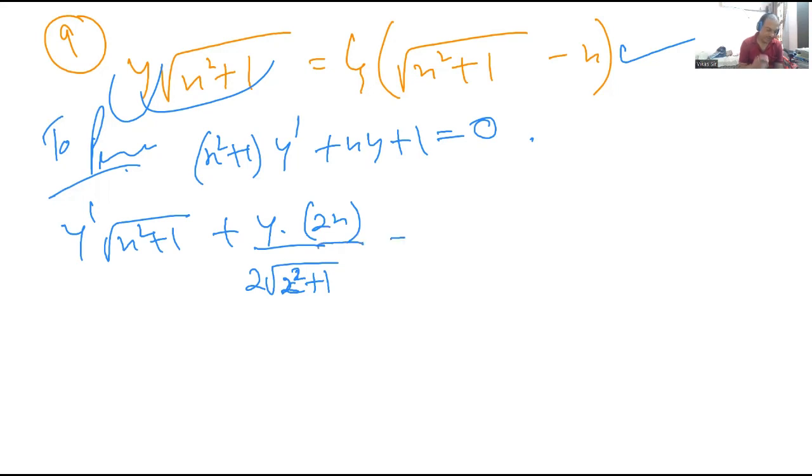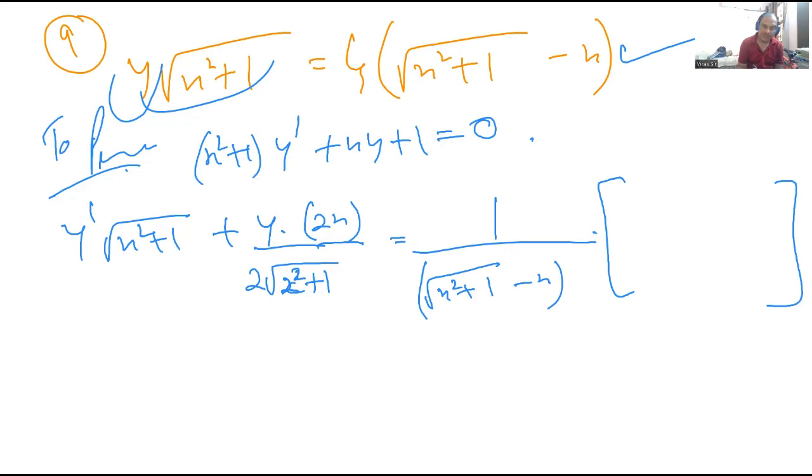Okay. Now here for this part, this is log x, and if you differentiate this log x, you know that it will give everything in the denominator. You will have x squared plus 1 minus x. And now by using the chain rule, you have to differentiate all the internal part.